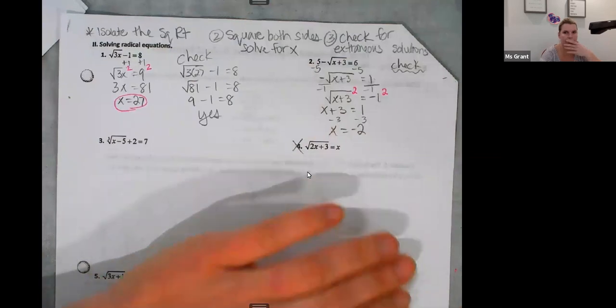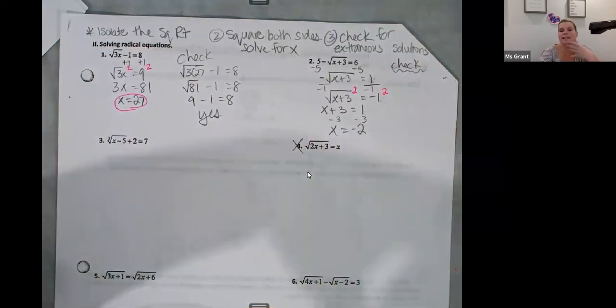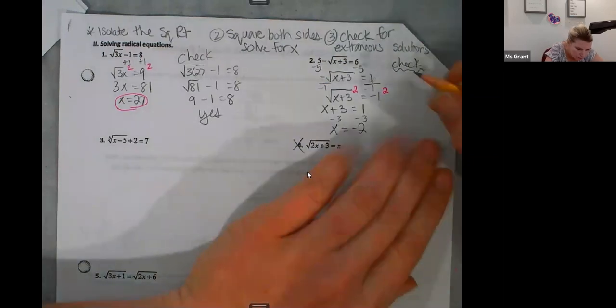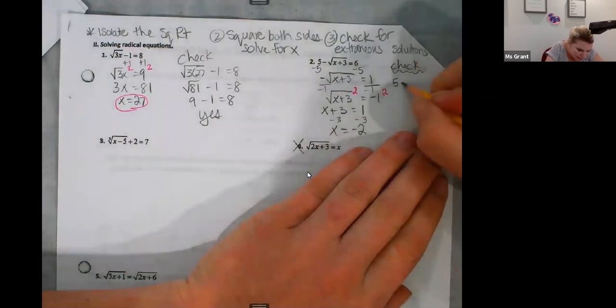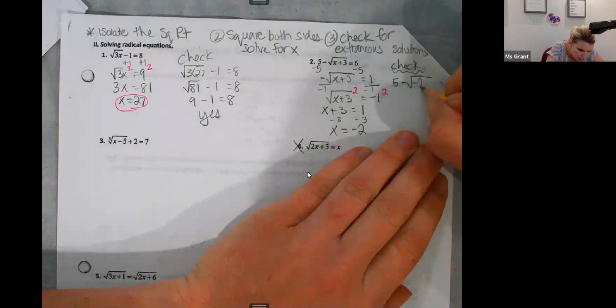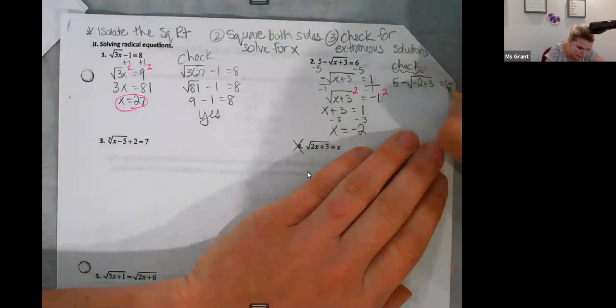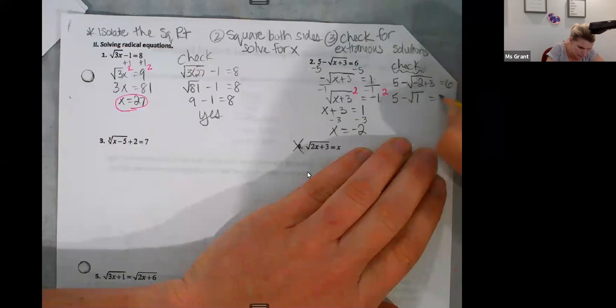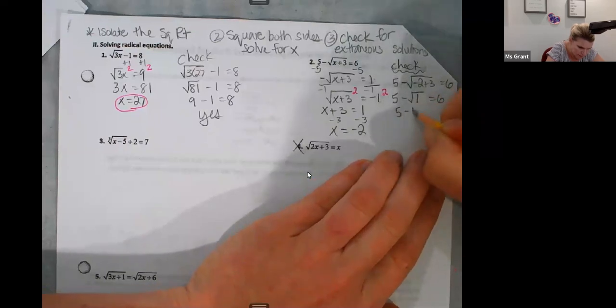Check it. If I think that negative 2 is a solution, I need to plug it back in for X. 5 minus the square root of negative 2 plus 3, does that equal 6? 5 minus the square root of 1 equals 6. Does 5 minus 1 equal 6?